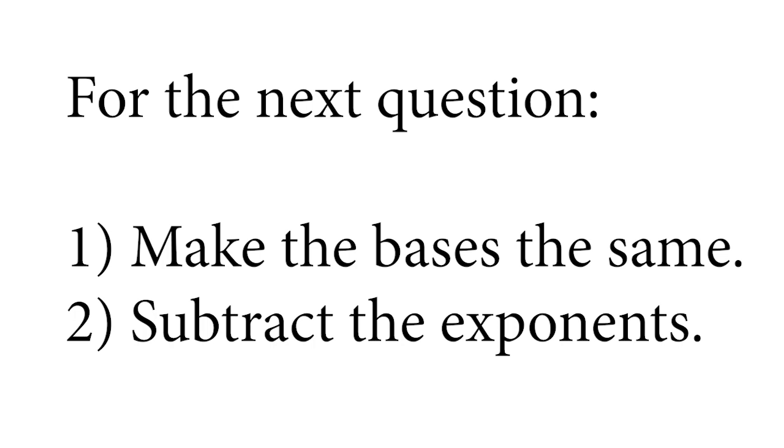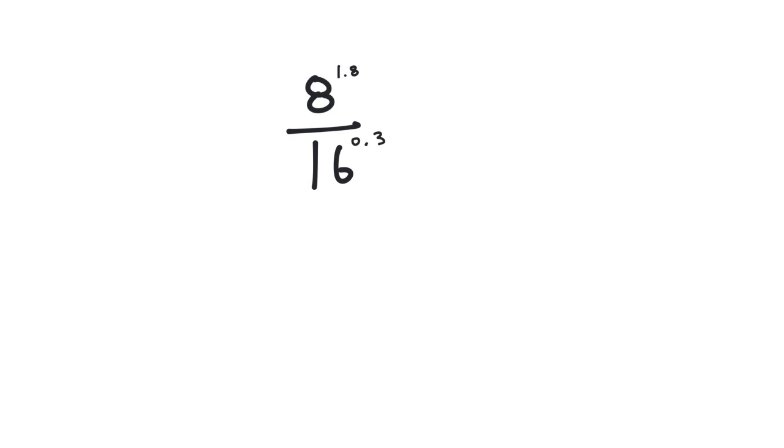And our last example is asking us to put both powers in the same base, and then subtract the exponents. So there's 2 steps here. I have 8 to the power of 1.8 divided by 16 to the power of 0.3. You might be asking me, how do I get these to be the same base? Well, we know that 8 and 16 can both be rewritten so that they have a base of 2.